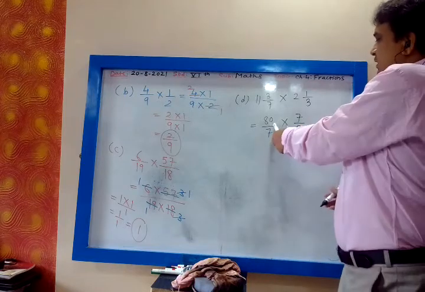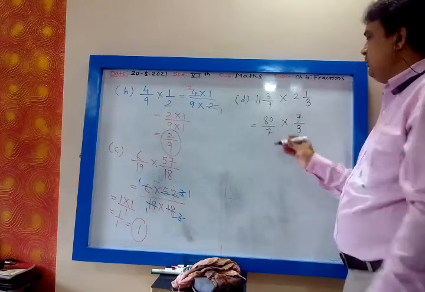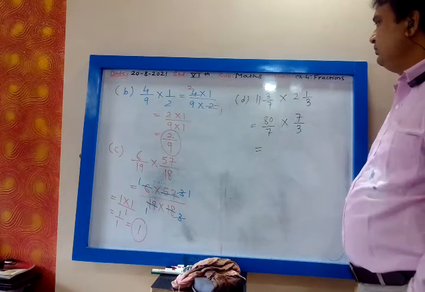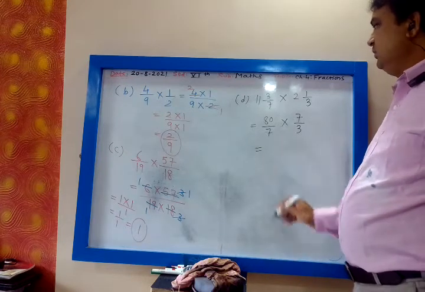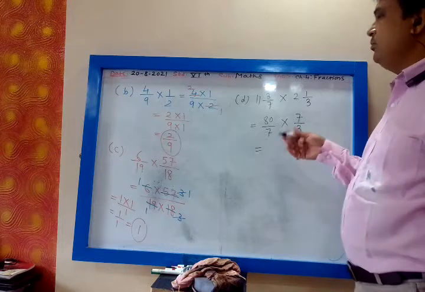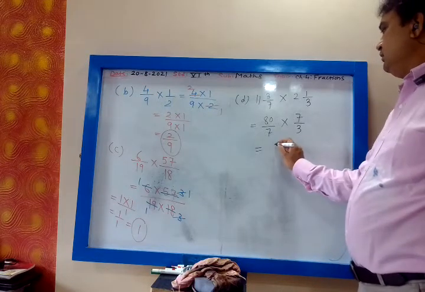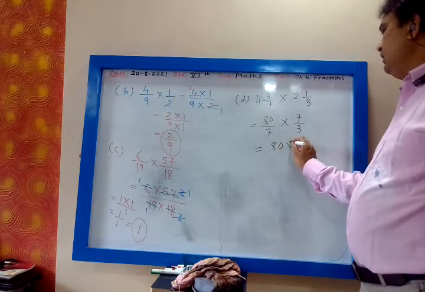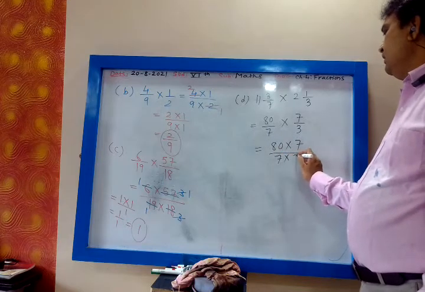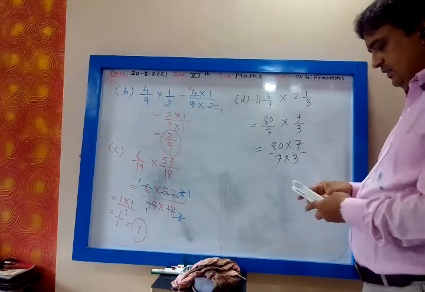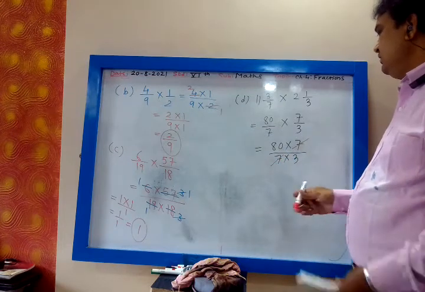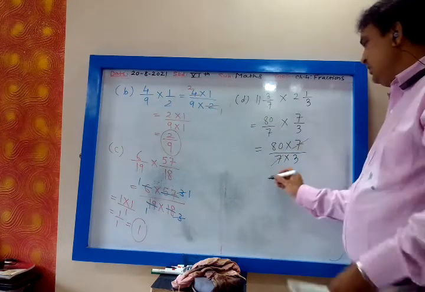Now this is multiplication of two fractions, multiply numerator to numerator. 80 into 7 upon 7 into 3. Yes, 7 in the denominator gets cancelled with the numerator. So this is 80 upon 3.